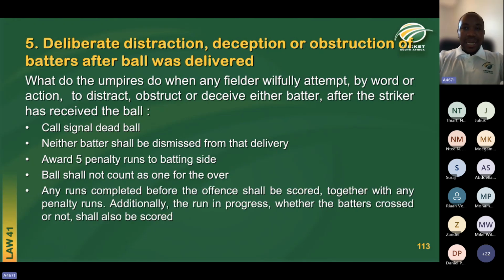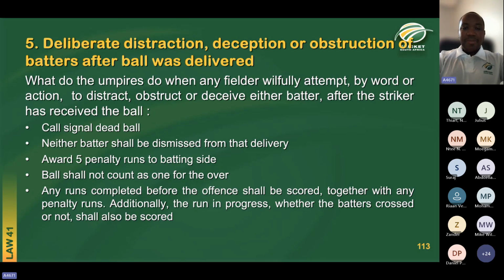What runs other than the 5 penalty runs accrue to the batting side? Law tells us that any runs completed before the offense shall be scored together with any penalty runs. Additionally, the run in progress, whether the batters have crossed or not, shall also be scored.